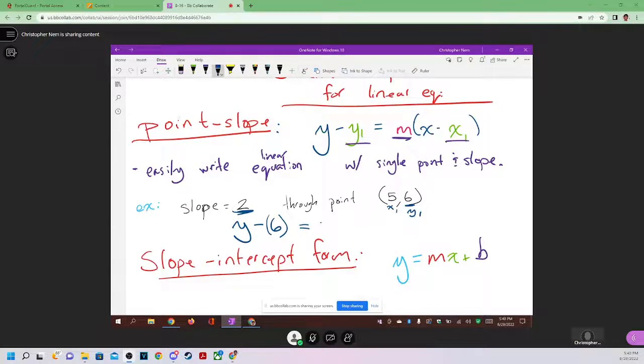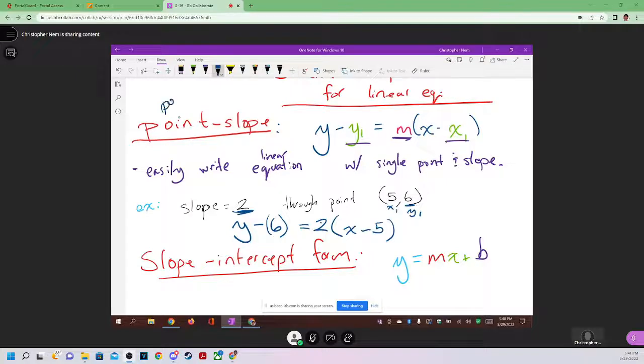It says here it is 2, so I'm going to plug in 2. I keep that same x here because it doesn't have the subscript, and then I subtract off my x1. That is it. So I have y minus 6 equals 2 times x minus 5. If I have a point and a slope, I can easily do point slope form.